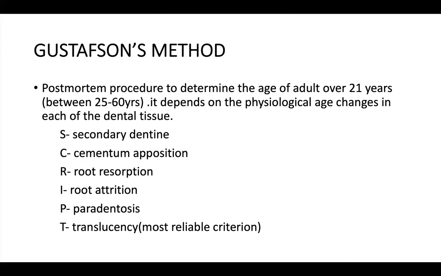After that, cementum apposition will happen. After that, root resorption will happen. Fourth is root attrition. And periodontosis will happen next. Translucency will happen. The most reliable criterion is translucency. From 55 to 60 years, translucency will be happening, so age can be determined with translucency. Solely, it is called the most reliable thing. So Gustafson method is the procedure for physiological changes happening in dental tissue.